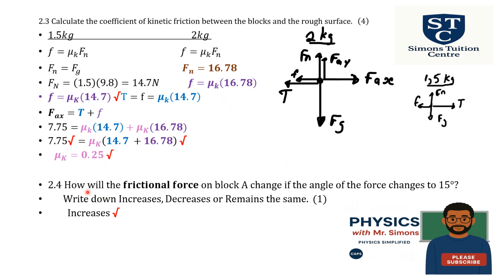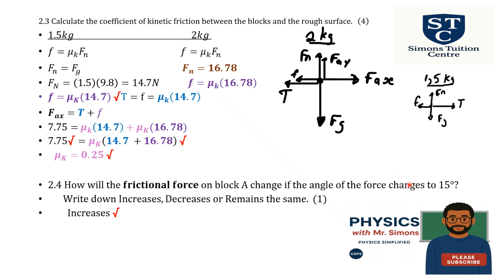Now 2.4, they want to know how the frictional force on block A will change if the angle of the force changes to 15 degrees. Remember the angle was 20 degrees, now the angle is changed to 15 degrees. Technically, if I'm pulling something at an angle of 20 degrees, I'm making sure that less of that object is making contact with the surface. So the bigger that angle becomes, the smaller my frictional force becomes between the surface and the object.